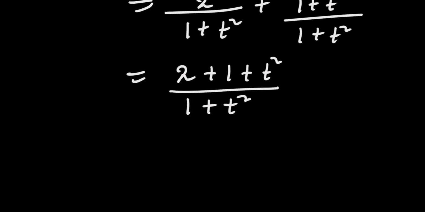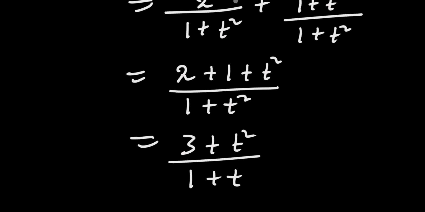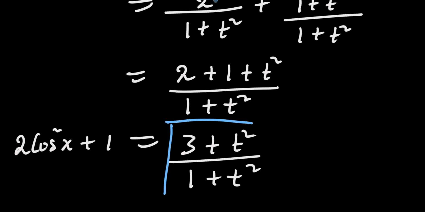And this would give us 2 plus 1 is 3, so this will become 3 plus t squared over 1 plus t squared. So 2 cos squared x plus 1 is equal to this. So we have found also the value of 2 cos squared x plus 1.